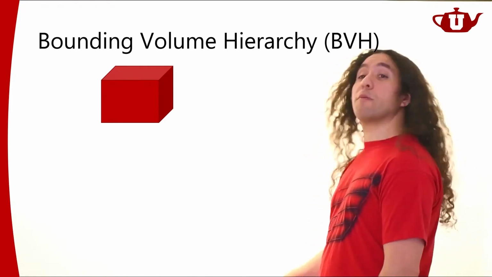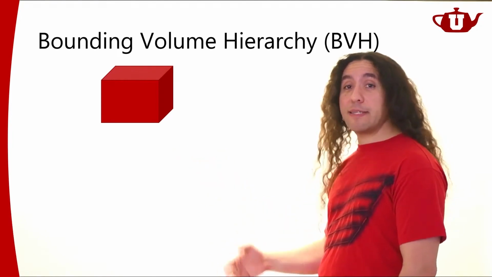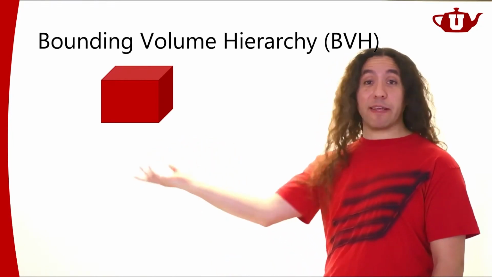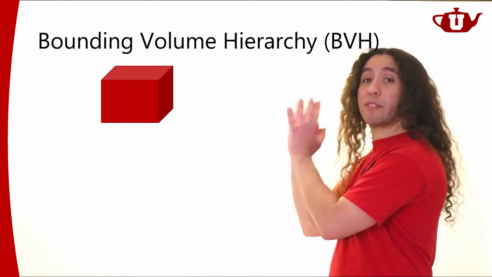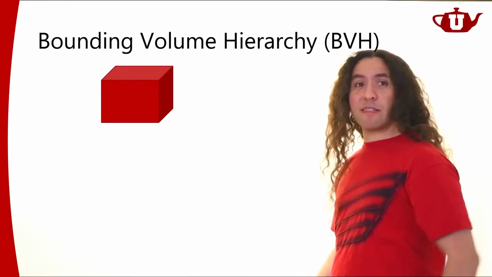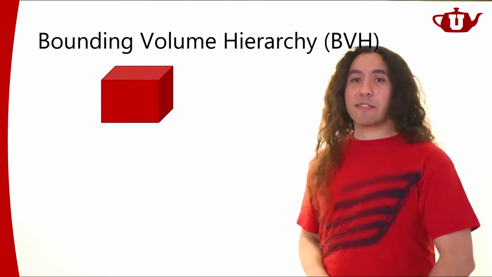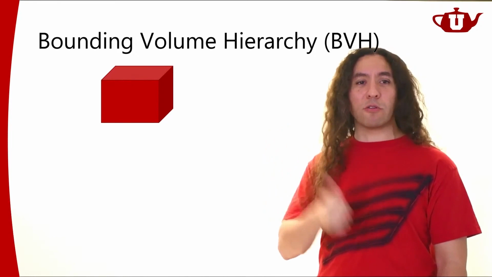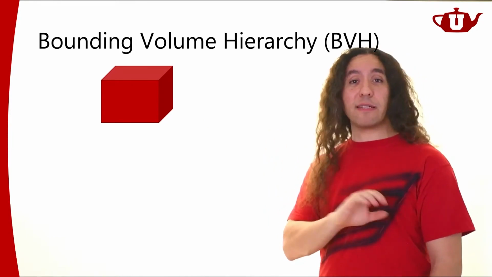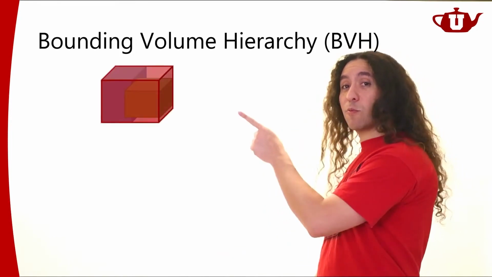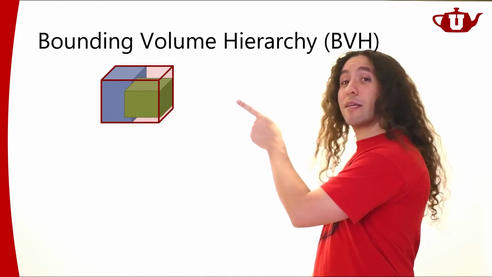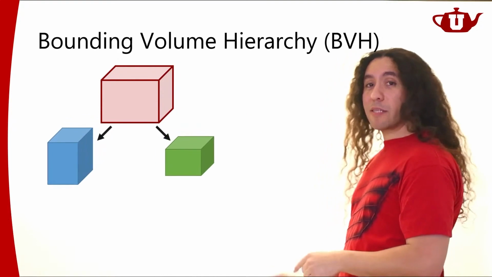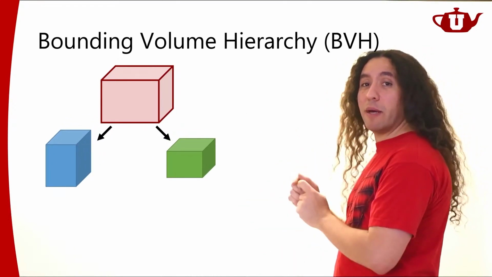With the bounding volume hierarchy, what we have is a box that contains my entire scene, everything. I just put my millions of primitives inside this box, everything lives inside there. And if my ray does not intersect with it, that means it doesn't intersect with anything in my scene. I can just throw away that ray, go to the next ray, very cheap, very fast, I'm done. If the ray intersects with it, then I'm going to look at the boxes inside this box, right? I'm going to check both of them.